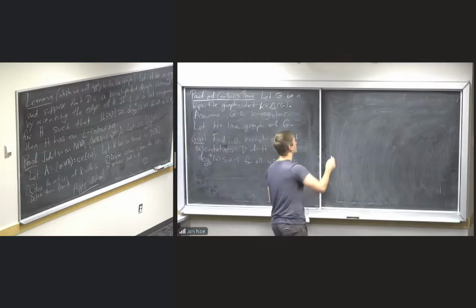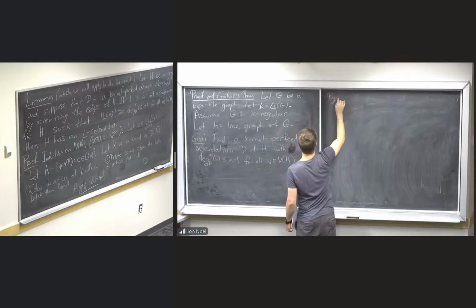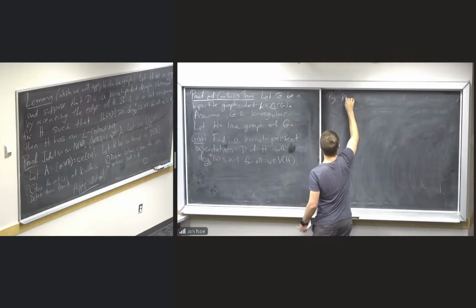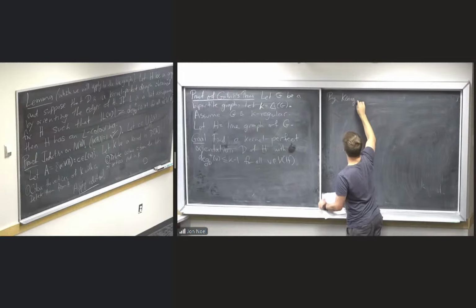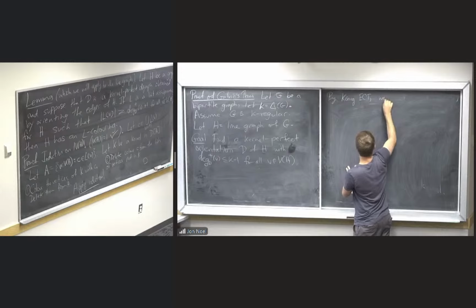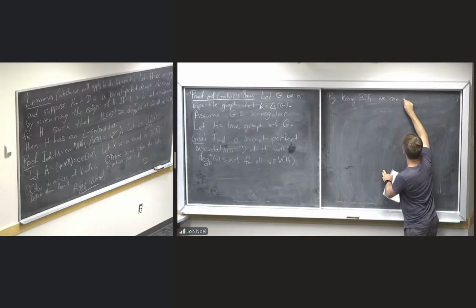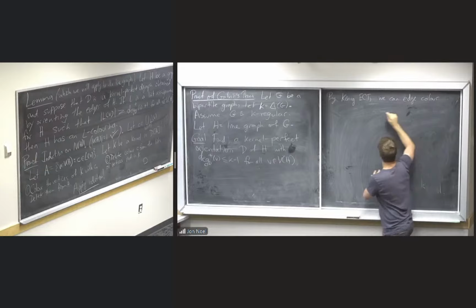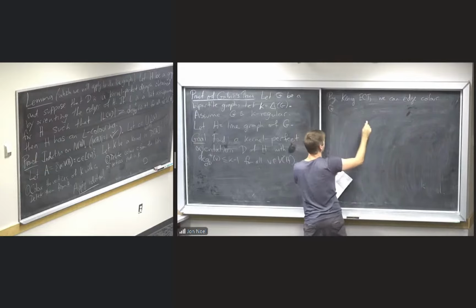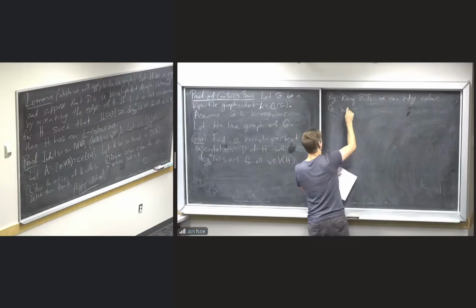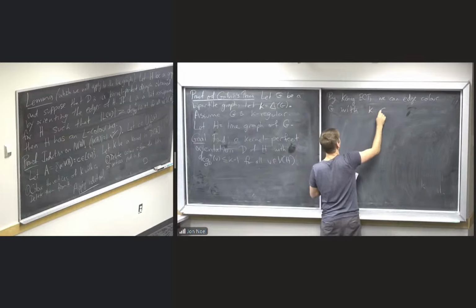So by the Koenig edge coloring theorem, we can edge color G properly with K colors.